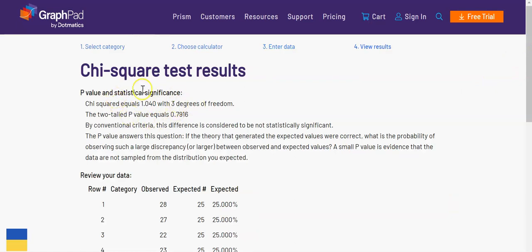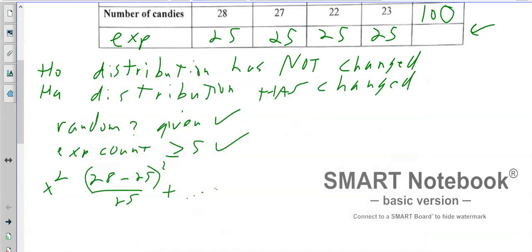And right here, it gives us all of our information that we need, which I'm going to write then on here. So x squared is 1.04. And it gave us our p-value of 0.7916.